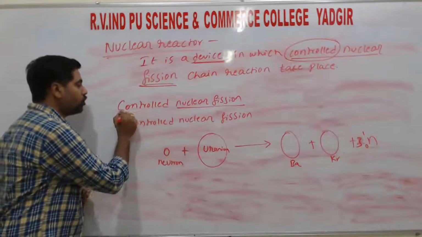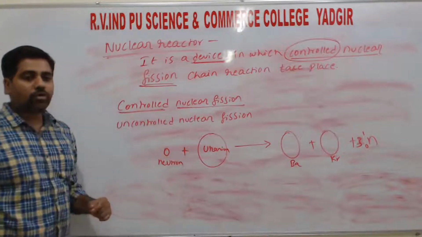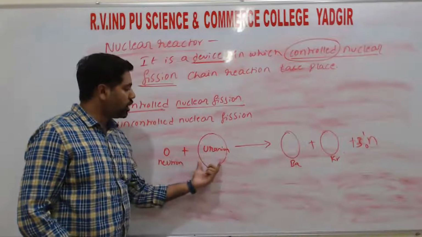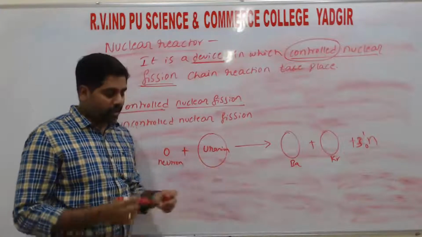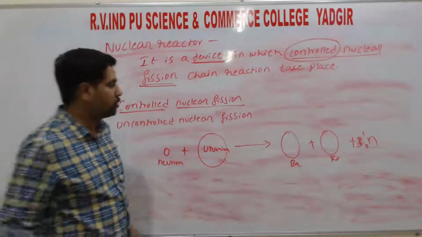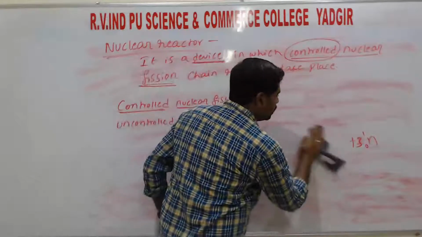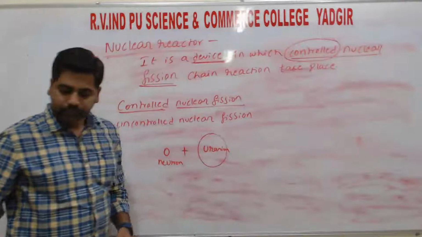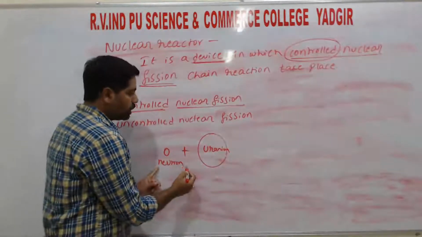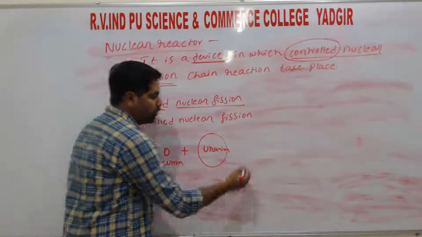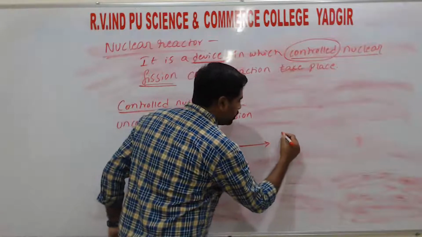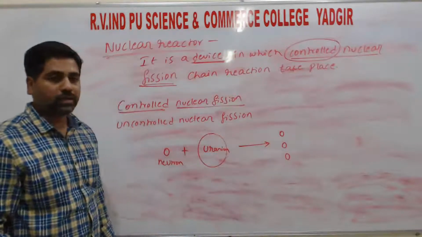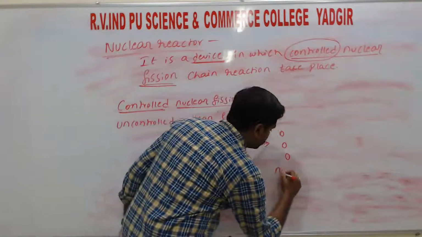So what is controlled nuclear fission? When a neutron bombards the uranium, we obtain these nuclei, but only concentrate on the neutrons, right? Here we get 2 to 3 neutrons.